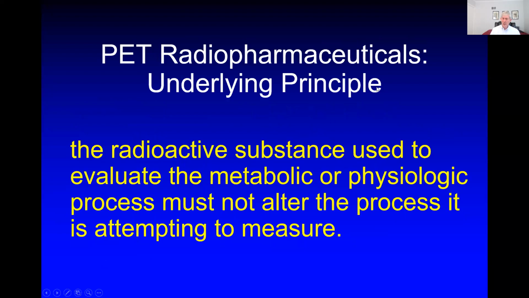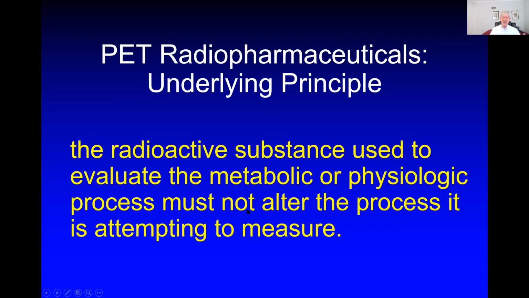So the underlying principle is important. I'm going to ask you about something on this slide in our quiz in just a few minutes. We want something that's going to participate in the physiological process, in the metabolic process, but we don't want it to alter the process. We want it to participate on a molecular level.